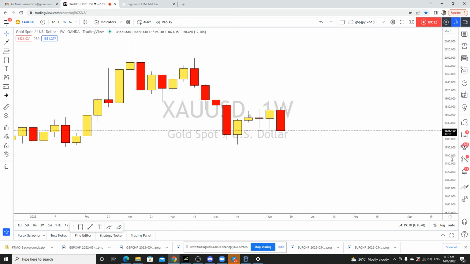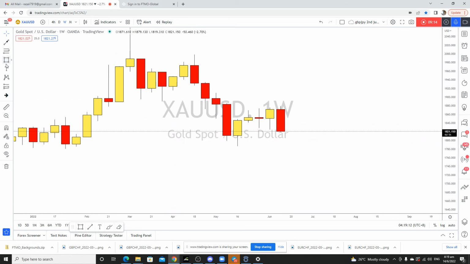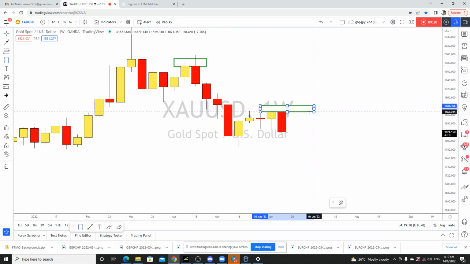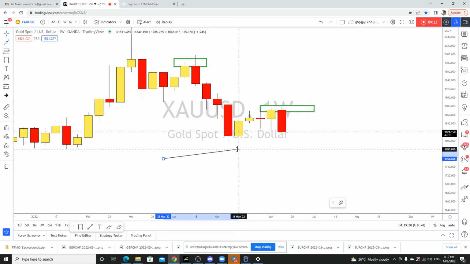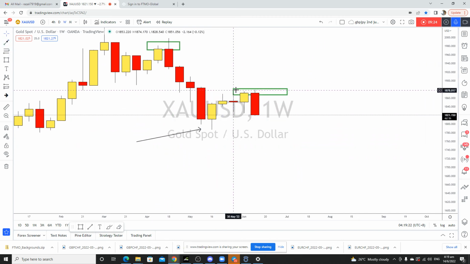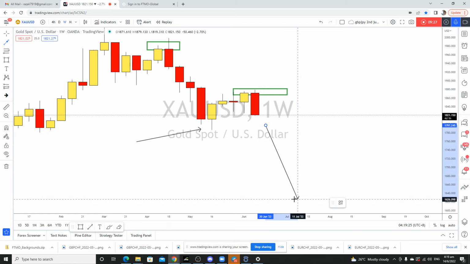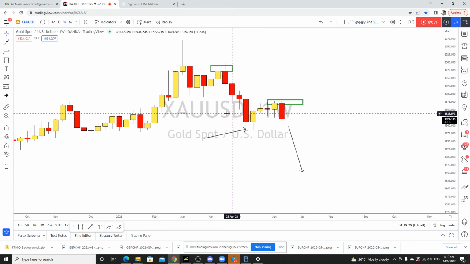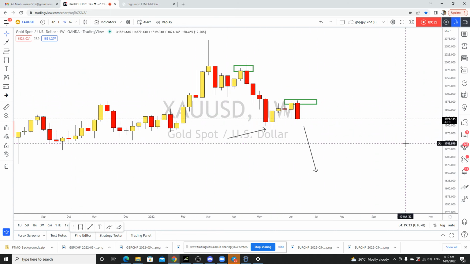Nope. Why? We can see that it became a lower high for now. It's a lower high until it breaks this low, then the lower high turns into a lower low. But in terms of structure for gold, you can see that it's looking towards the downside for now.